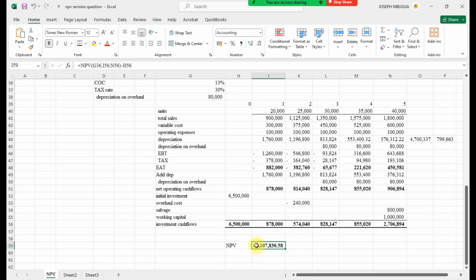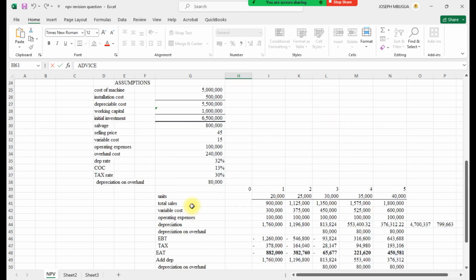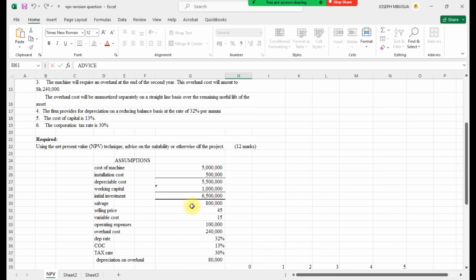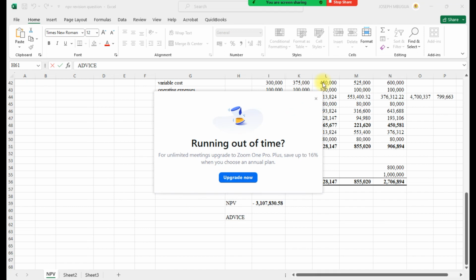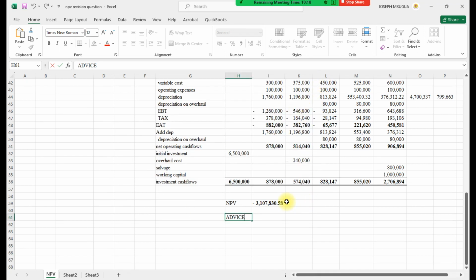And you know the acceptance rule for NPV, it must be greater than 0, or positive, in other words. So our advice, the project is not suitable, as it has a negative NPV.